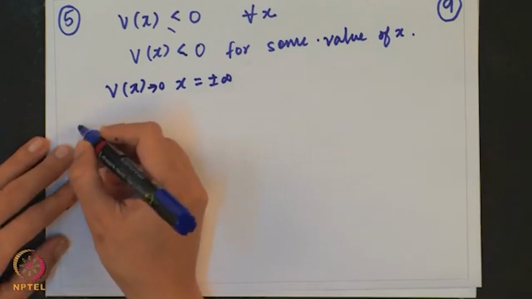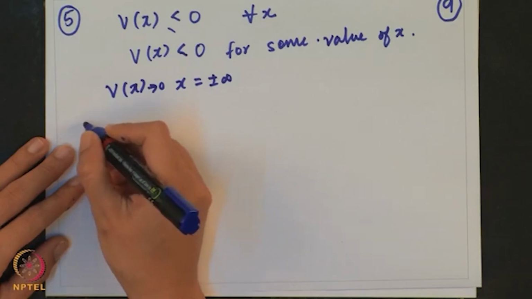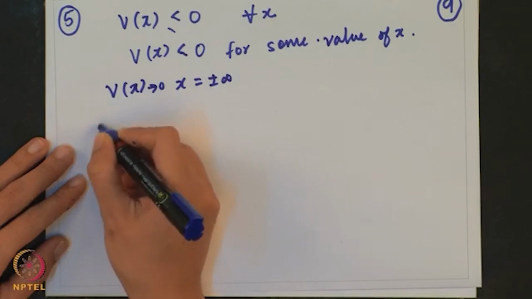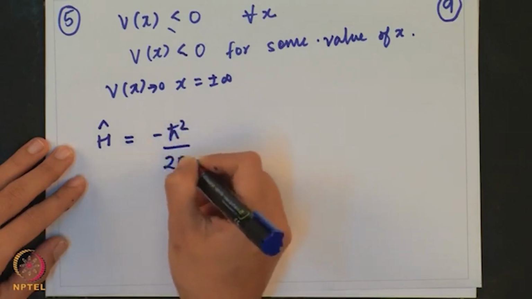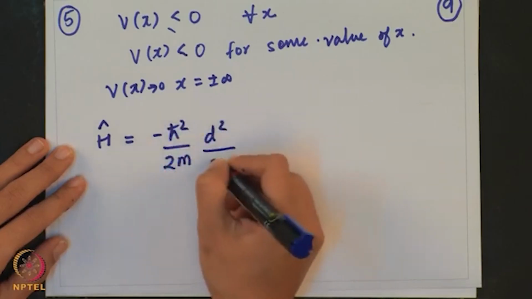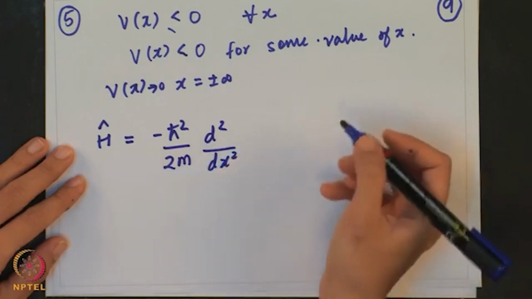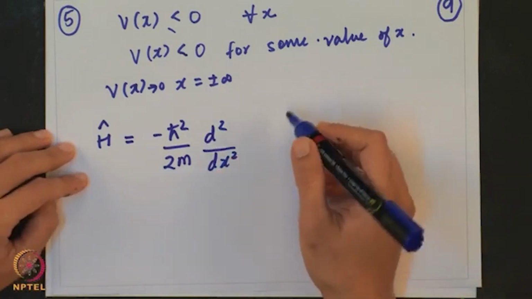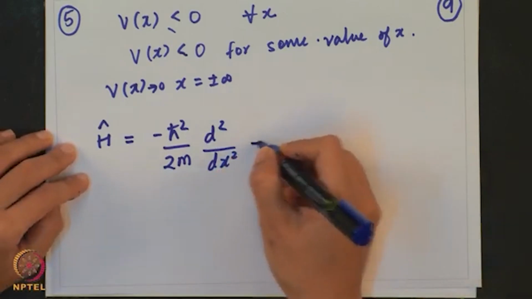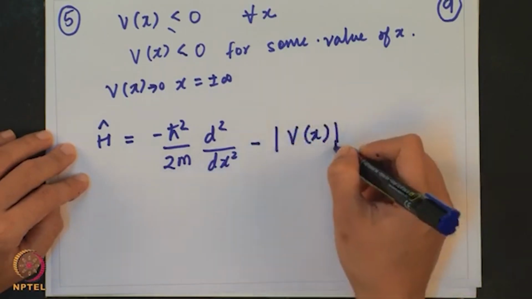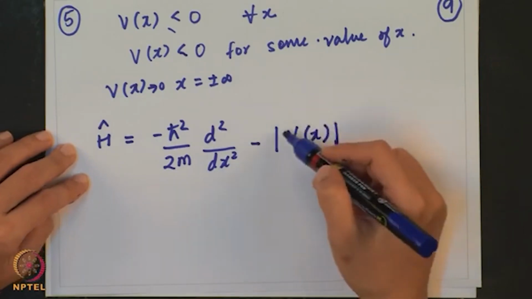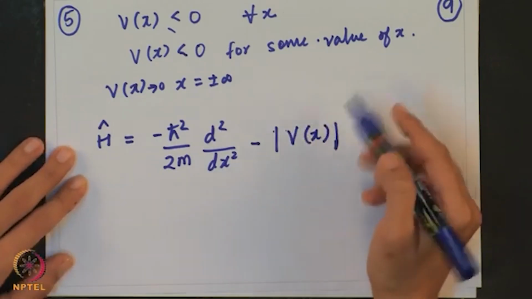So, now let us write down the Hamiltonian operator. H is minus h cross square upon 2m d square by dx square. Now, we are talking about the attractive potential, so let me put here mod of V of x. So, V is negative, so I have put a mod sign.